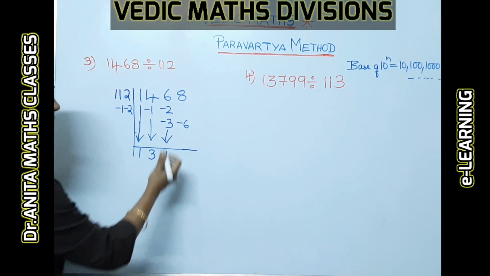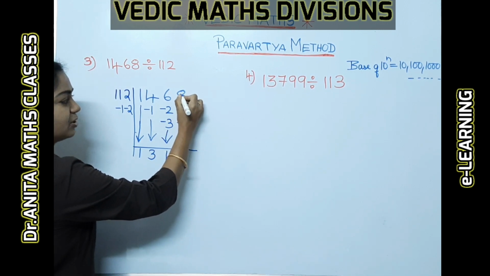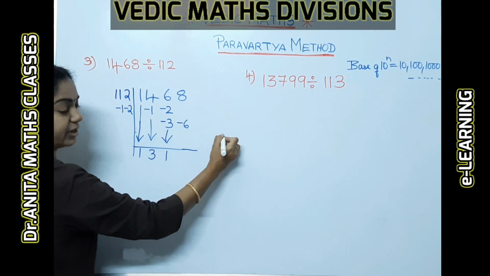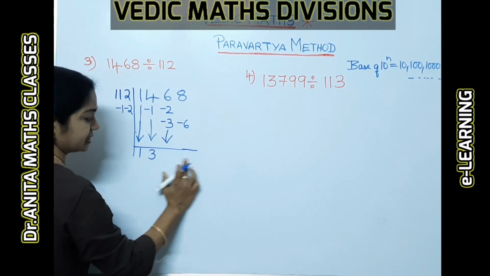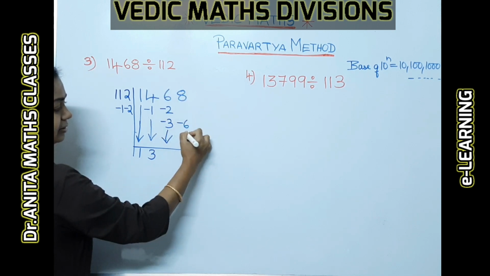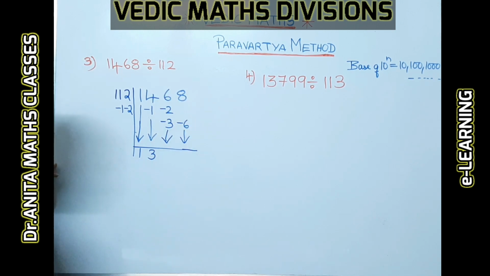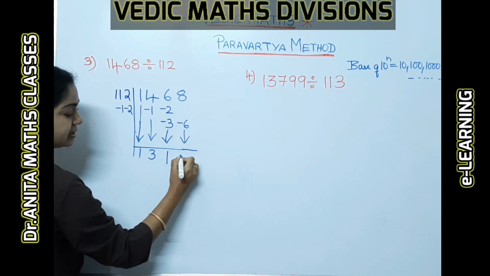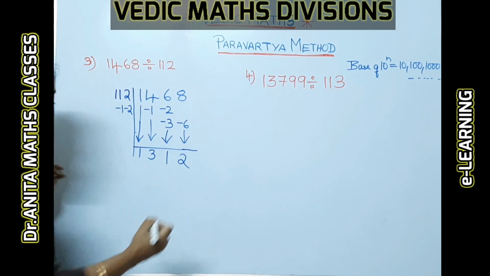When it is not included, if there are many numbers, we again multiply and write. So we stop here and just write the subtractions. Now 6 minus 5 is 1 and 8 minus 6 is 2. So this is our number.